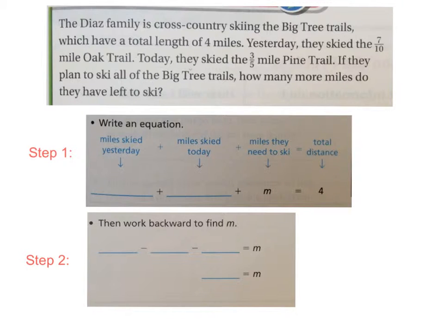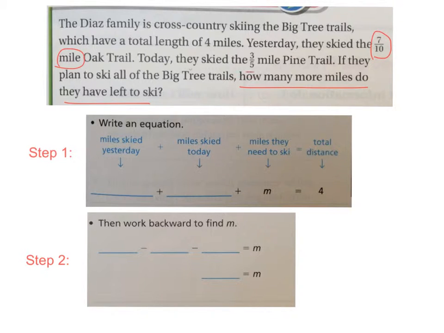So Marcus, what is the question asking us to do or to find? How many more miles do they have left to ski? We need to figure out how many more miles out of those 4 miles that they have left to ski. What's the important information that we need in order to solve this problem? Siddharth? Yesterday they skied 7/10 miles.